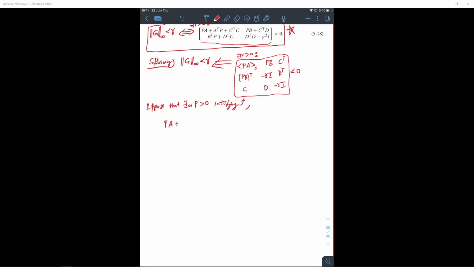PA plus A transpose P less than 0, okay, which comes from the 1 by 1 and 3.